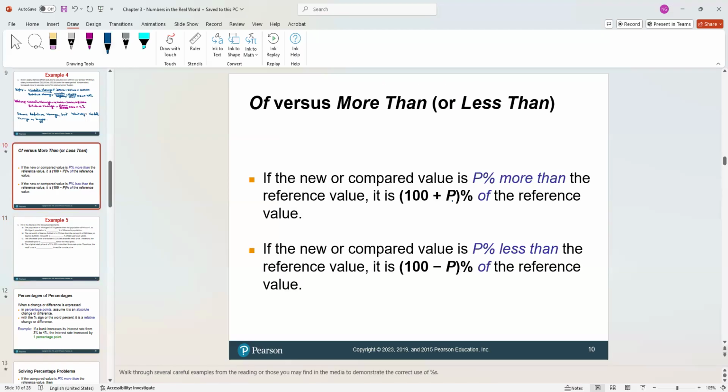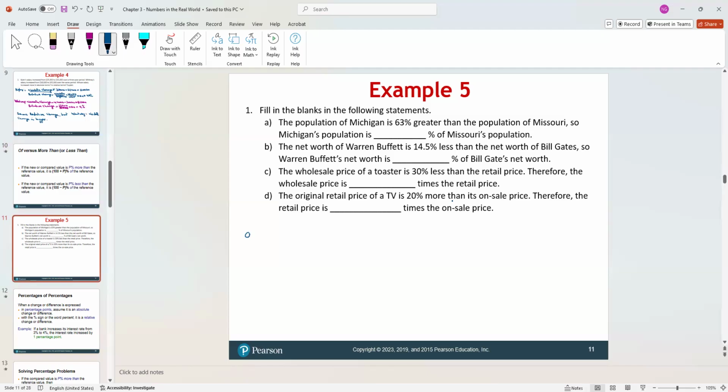So for A, 100 plus 63% gives you 163%. So we can say that Michigan's population is 163% of Missouri's population, right?